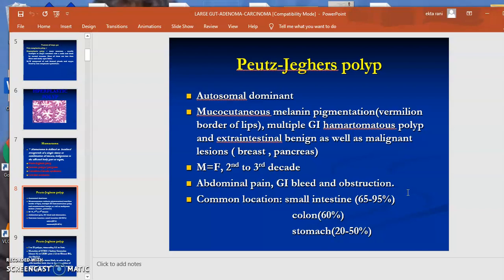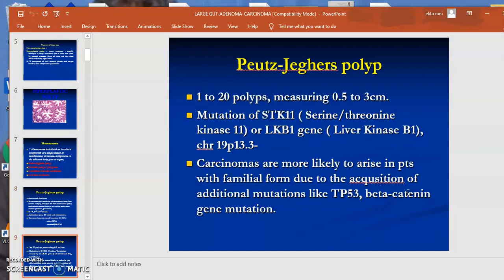The most common location of polyps in GIT is the small intestine, then colon and stomach. The number of polyps may vary from 1 to 20 and they measure 0.5 to 3 centimeters.